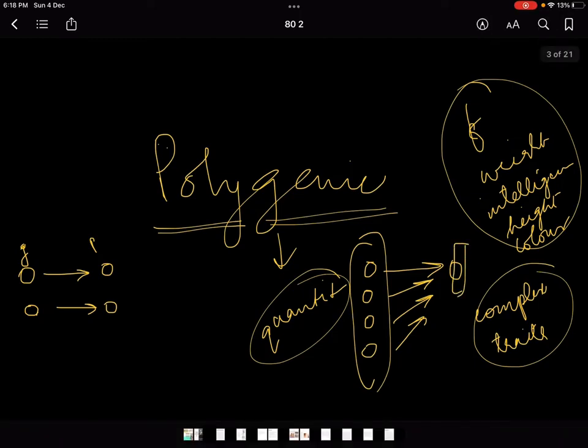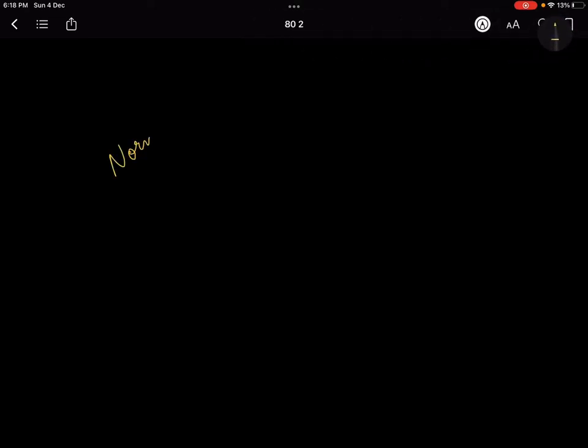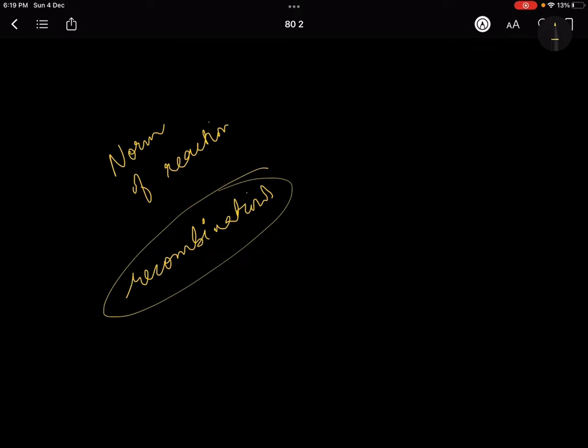Having said so, we had already discussed the concept of norm of reaction. So what was norm of reaction? When so many genes are leading to one phenotypic trait, there will be different recombinations, so many permutations and combinations on those different genes.